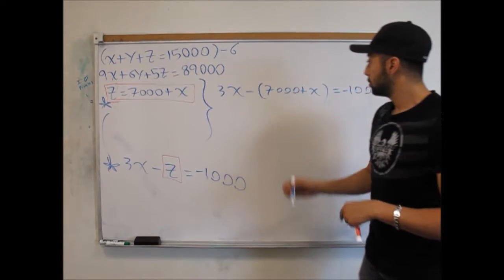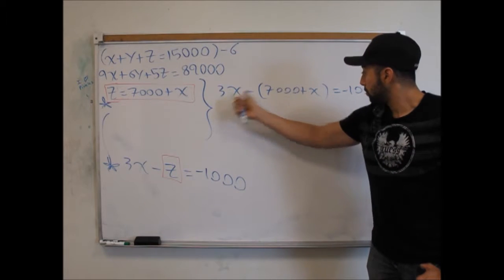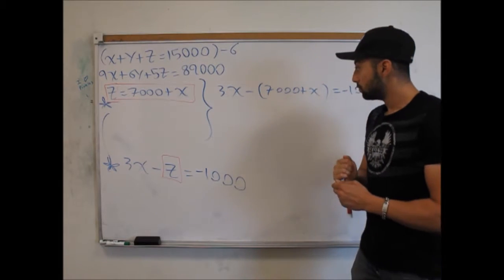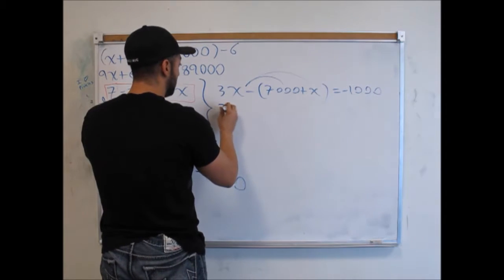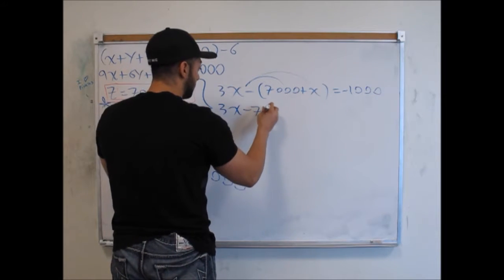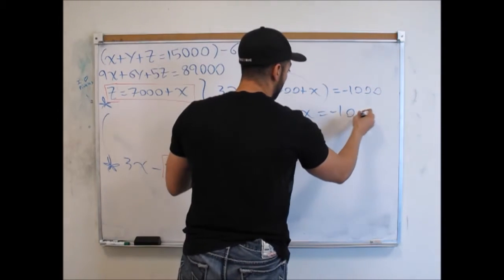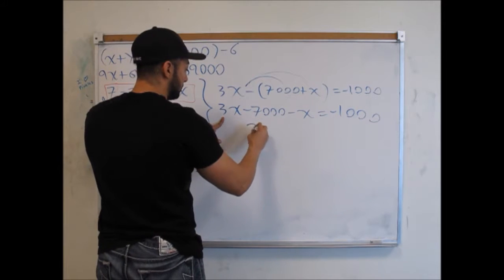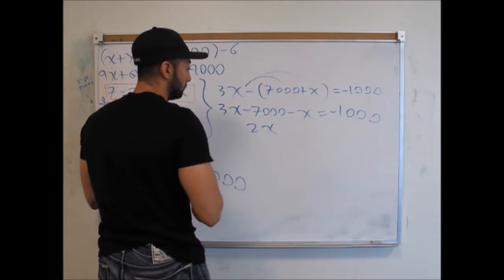Notice the whole point of that was, now that I'm left with only one variable, the same variable, we could easily solve for that now. Distributing the negative, we get 3x minus 7,000 minus x equals a negative 1,000. Combining 3x minus x, that would give you 2x, and adding the 7,000 over.